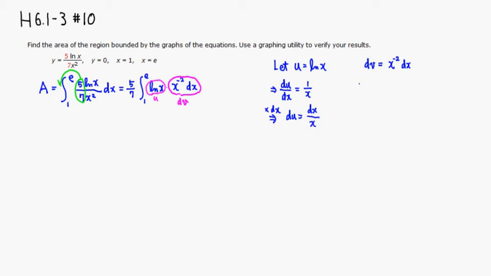Here we're going to divide through by dx so that we have the derivative of v with respect to x equal to x to the negative 2. Then we can take the antiderivative with respect to x to get v back. So add 1 to the power, so it's negative 1 power. Divide by negative 1 is the same thing as multiply by negative 1.